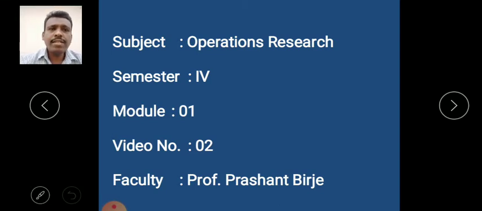So let us begin. But before beginning, let us see what is the history or historical background of operations research in brief. Basically, if you see how operations research started or originated, it originated in the 17th, 18th, and the 19th century, where some of the researchers started to see how efficiently things can be done.